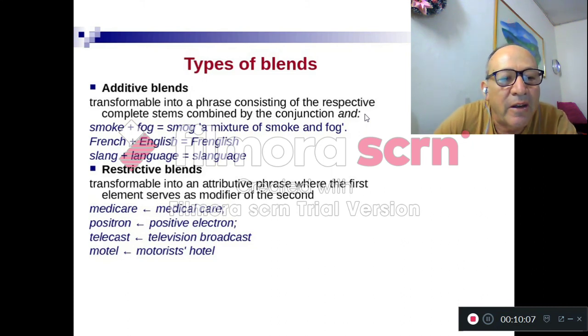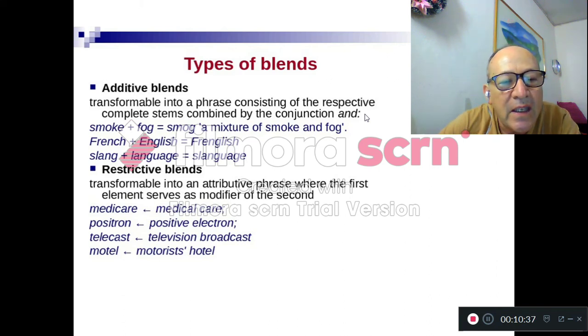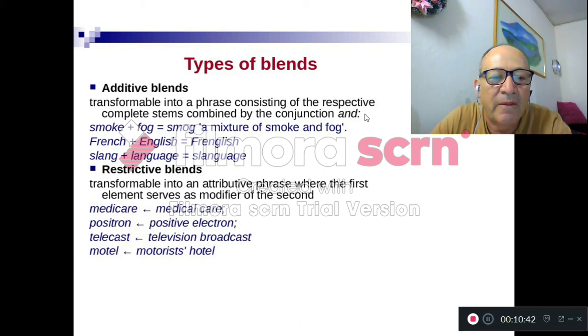Now it is Medicare. Let's go to see positive and electron. Positive modifies electron. What about television and broadcast? Television modifies broadcast. And what about motorists and hotel? Motorists modify hotel. The result is motel.